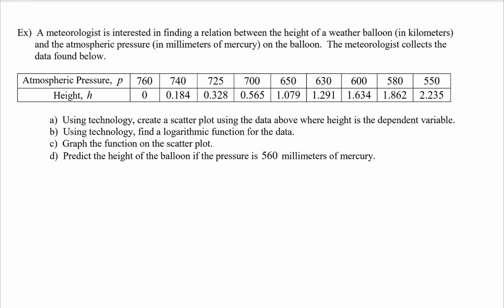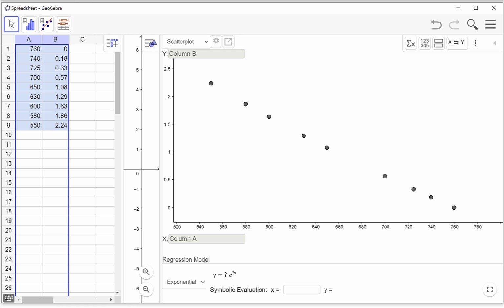So it says using technology, find a log function for the data. The person running the experiment believes that these two things are related in a way that a log is more appropriate. So let's ask GeoGebra to do that. I'm going to come over here and do log. And there's the log curve that passes through there, which we're going to need.